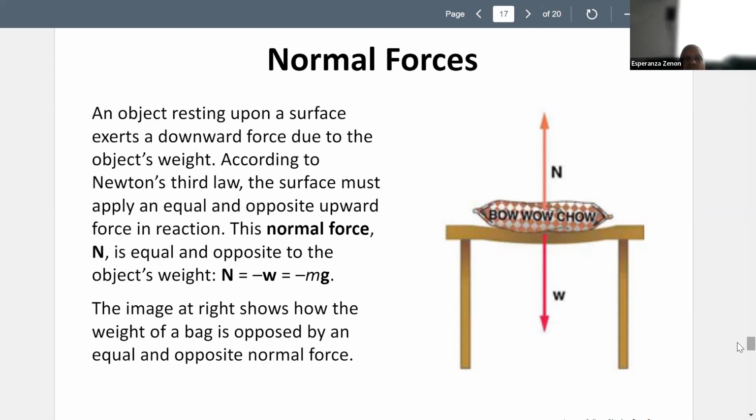You have to be careful when you apply Newton's laws to a particular object to pick out the forces acting on that object. Normal force is typically the force that balances weight, as it is in this picture.